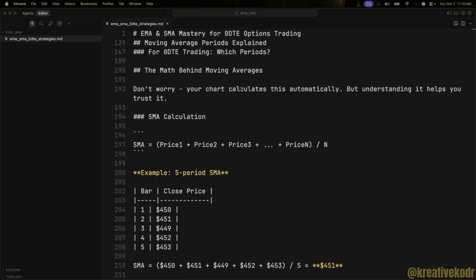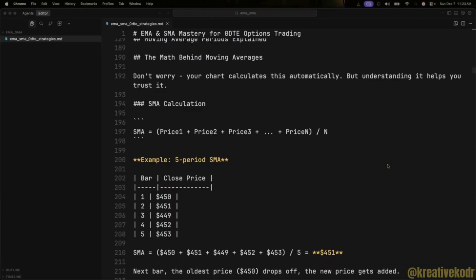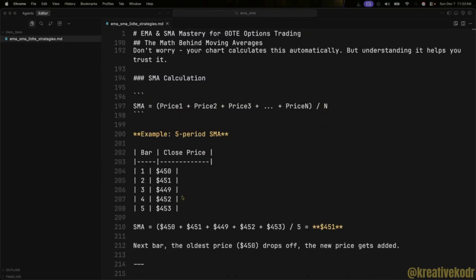So here's the math behind the moving average. Don't worry, the calculator does this automatically for us, but understanding it helps us to trust it, right? So the SMA, the simple moving average, is price 1, price 2, and so forth, divided by the number of periods, or N, right? So if we have 5 periods, or 5 bars, it's going to take the last 5 bars and just do a simple average.